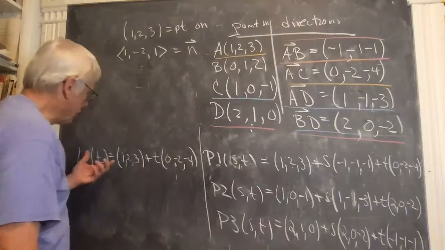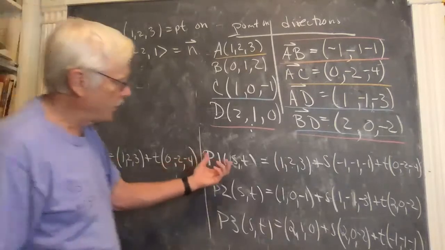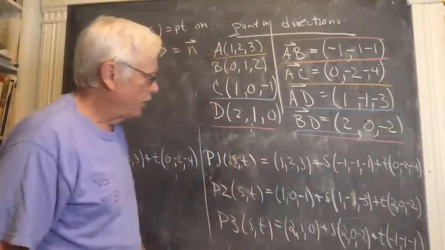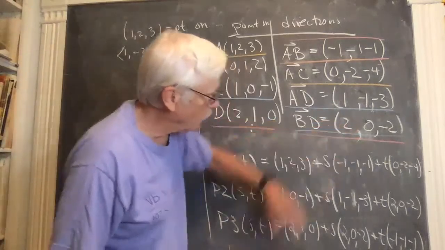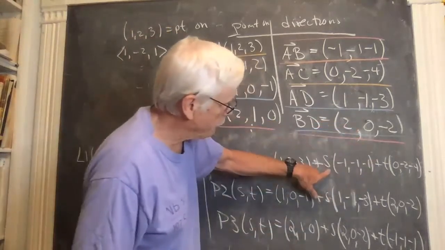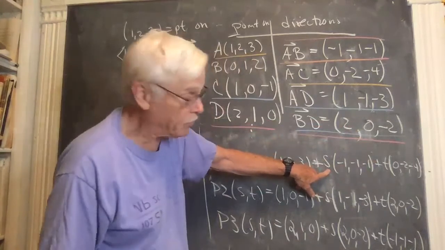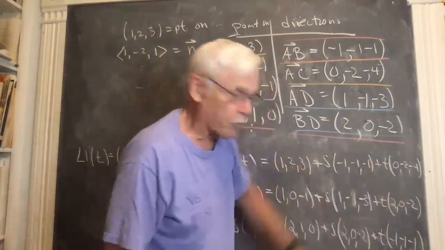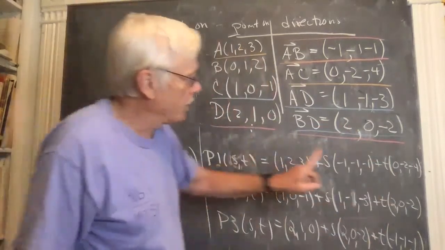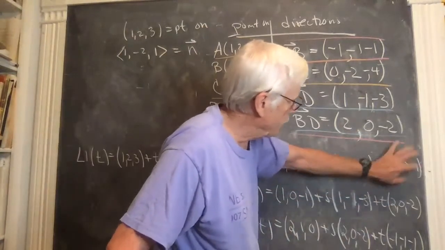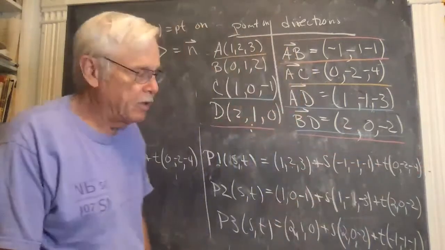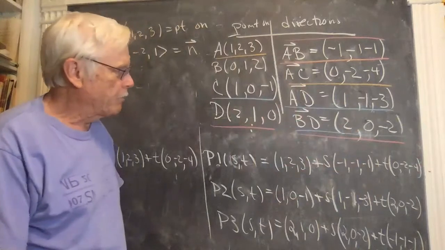Now you can see that this line is contained in this equation. You just take the free variable s and make it 0, you get the equation for a line. Or if you take the free variable t and make it 0, then you get an equation for a line.